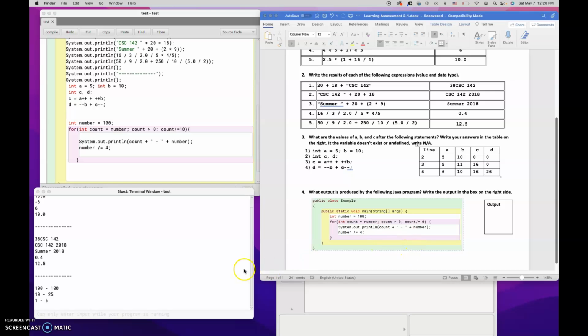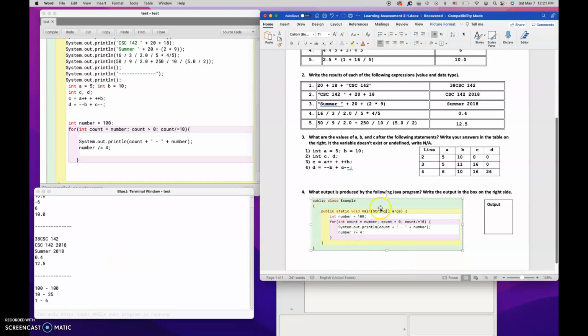Nothing happened in the first line, which gives the result 100, and we have count equal 100 and then number equal 100.